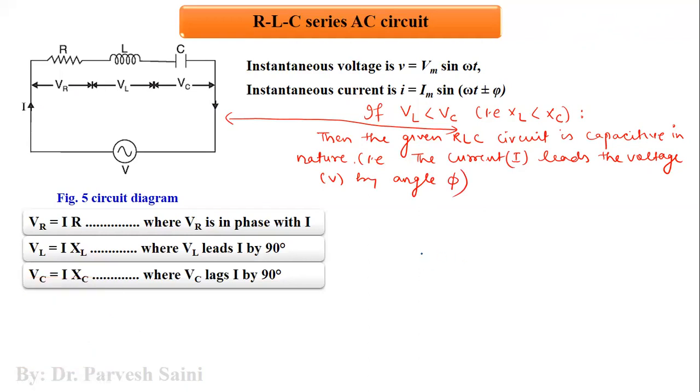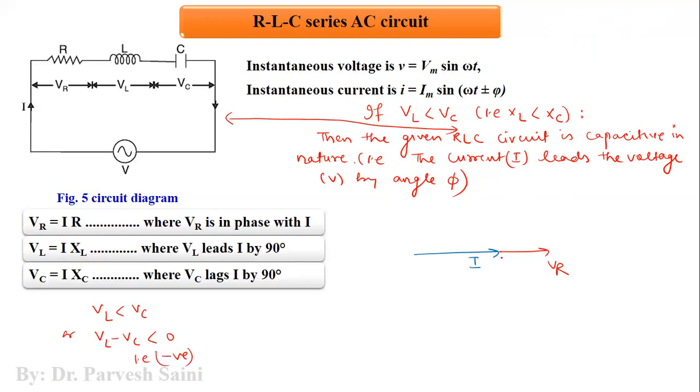So here you have the current phasor, which is I, and then you have the voltage phasor VR, because VR and I are in the same phase. Now if we take this condition, VL is less than VC, or VL minus VC is less than 0, that is negative.